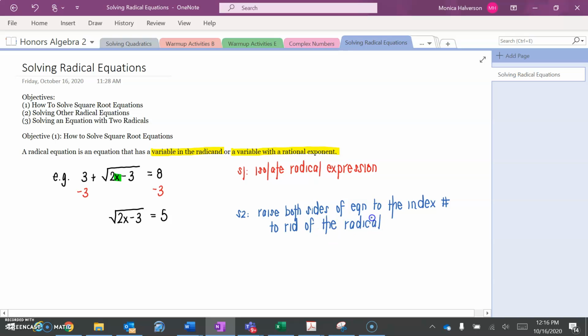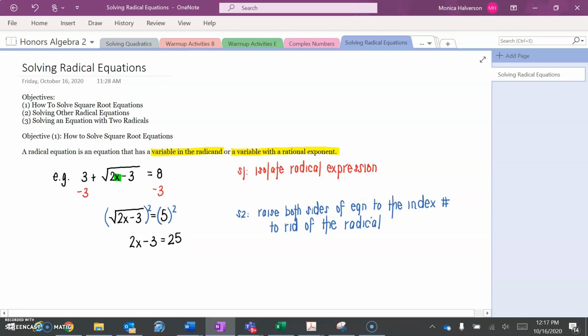So in this case, we're taking the square root of 2x minus 3. So what is the index number? The index number is 2. So we're going to raise both sides to the second power. By doing that, we now get 2x minus 3 equals 25.